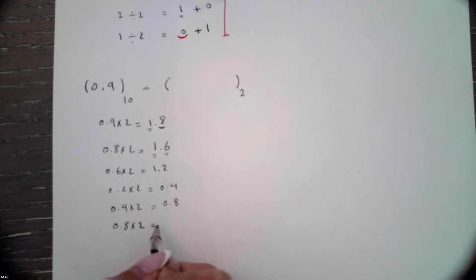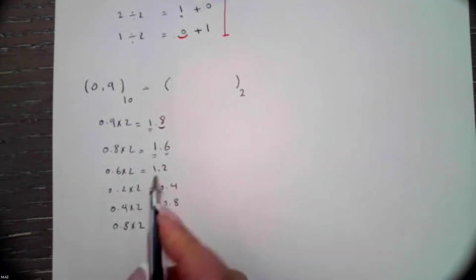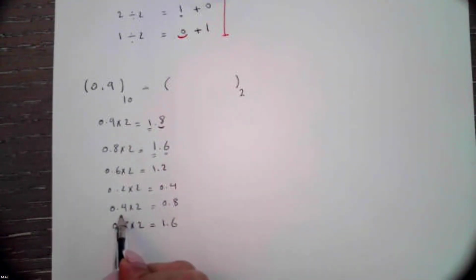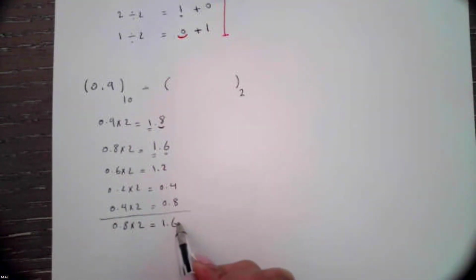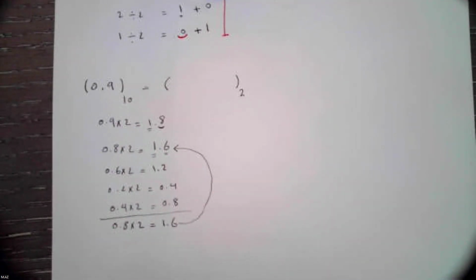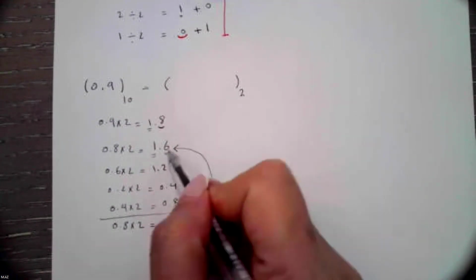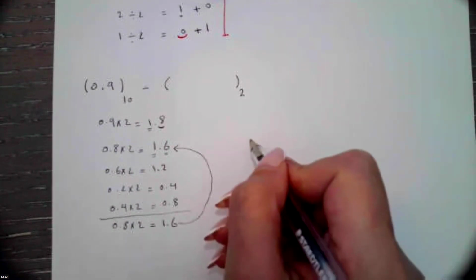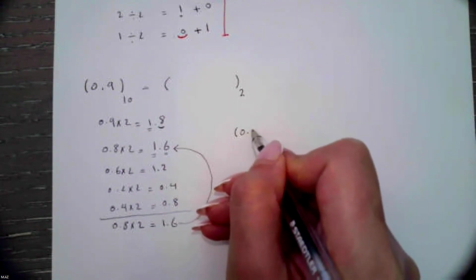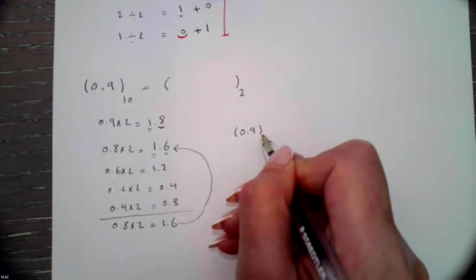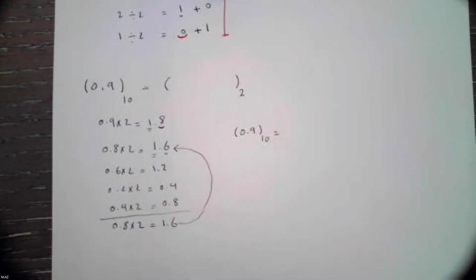When I continue this process, this part repeats again. If we continue, this cycle will repeat and repeat, and this is the binary format for this fraction number.